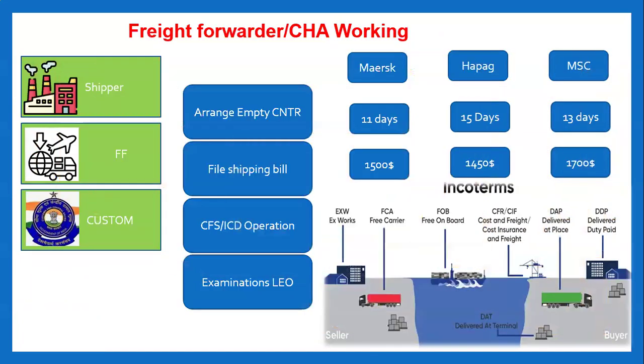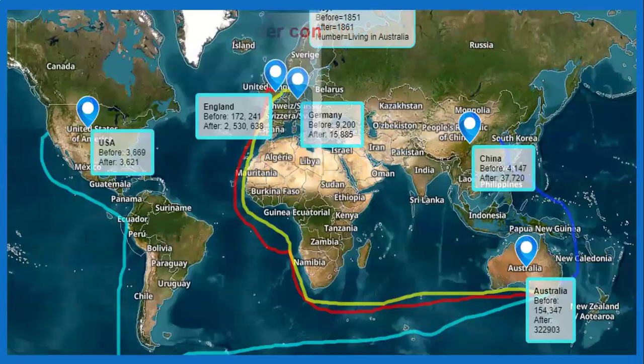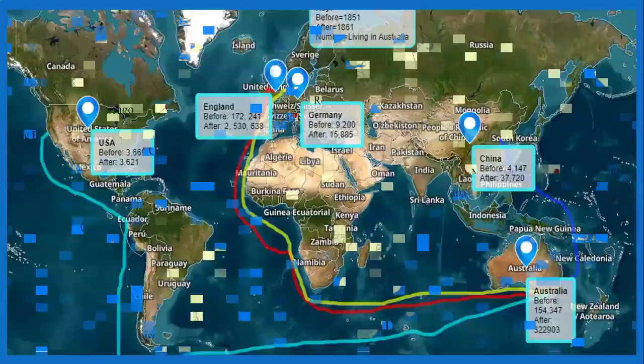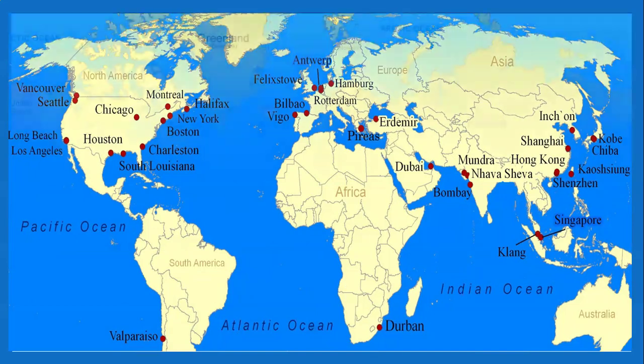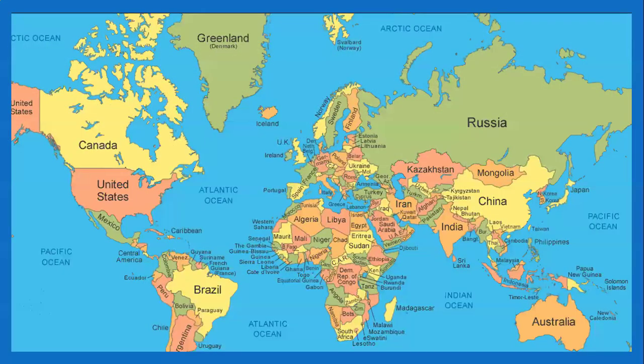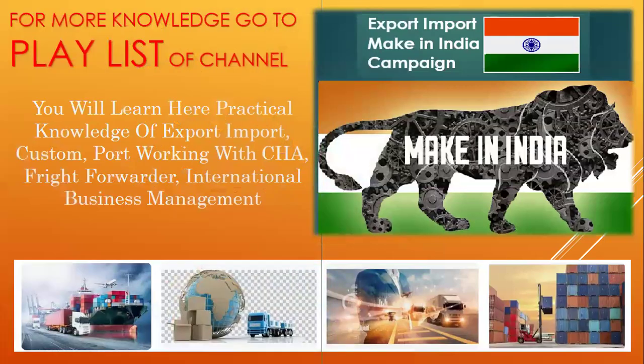Then if any document is needed, we coordinate with the supplier, and the supplier provides the document. After the document is received, the examination process takes place and the shipment is delivered to our factory. So we have to understand what documents are required at the time of import.